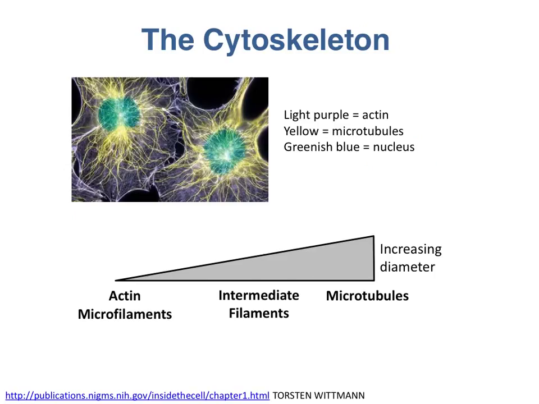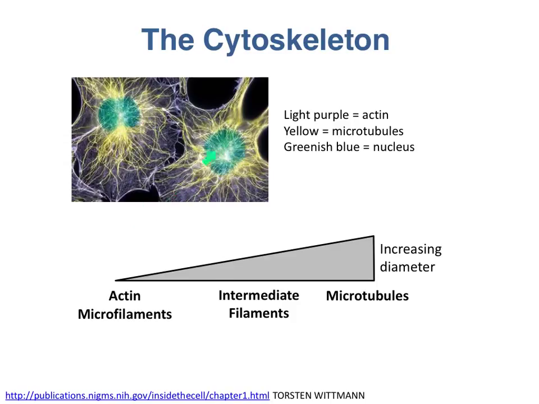Last but not least in the cytoplasm, we have the cytoskeleton. Cytoskeleton is made up of different types of protein fibers. We have the actin microfilaments, which are the smallest size, intermediate filaments, and then the microtubules, which are bigger. And this is just a great little image that shows the different elements of the cytoskeleton.